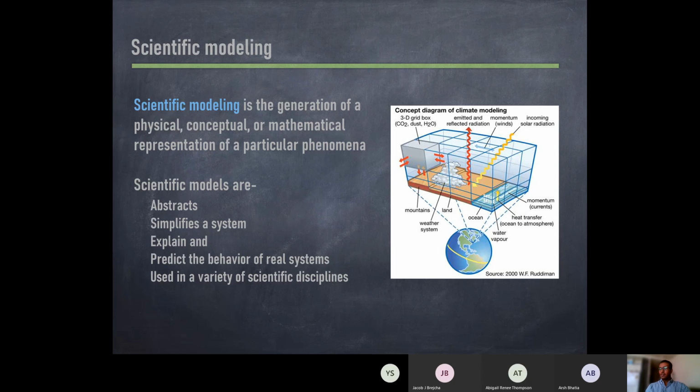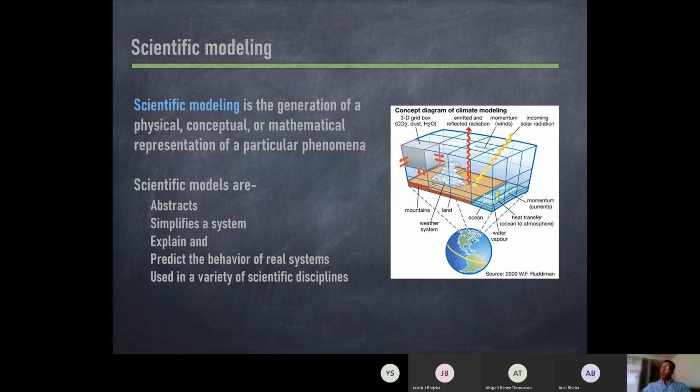Of a particular phenomenon. Some of the simplest examples of these phenomena are weather, volcanic eruptions, or any physical processes, right?